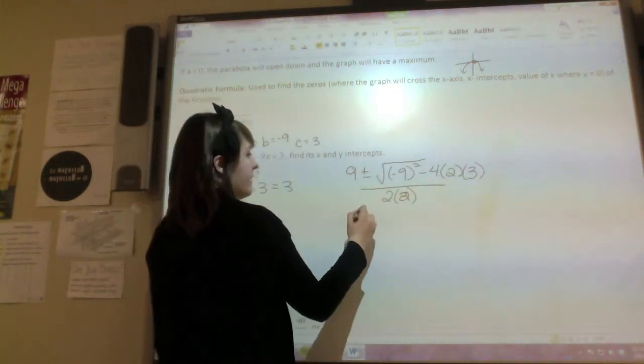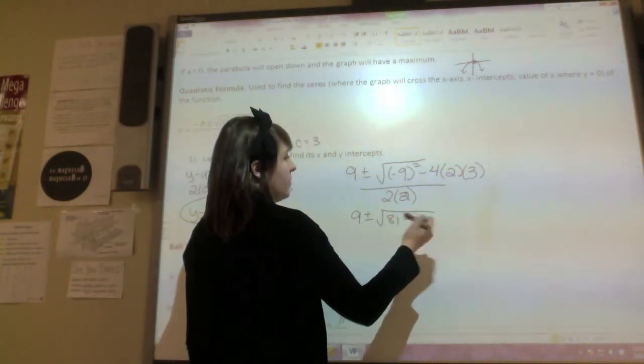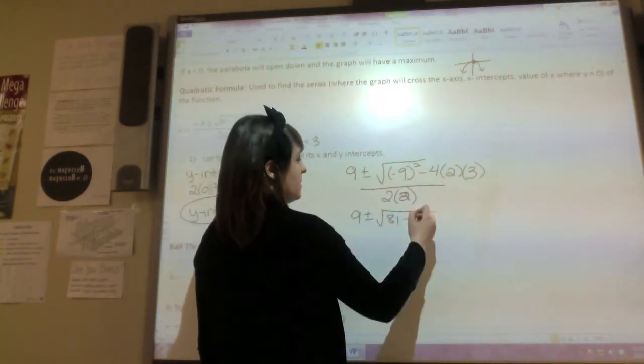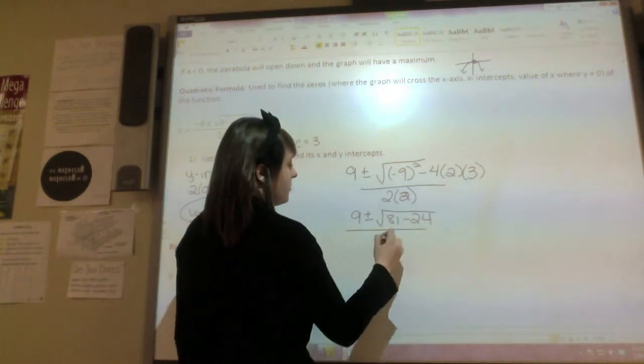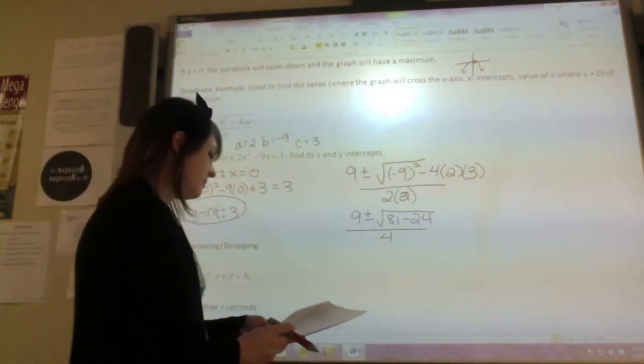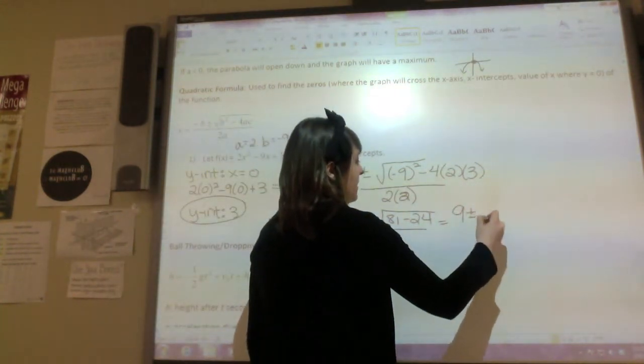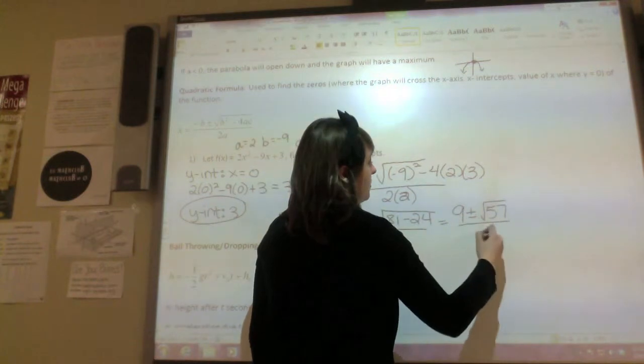Okay, so when I simplify that, I've got 9 plus or minus radical 81 minus 24 over 4. 81 minus 24, that gives me 57. So I've got 9 plus or minus radical 57 over 4.